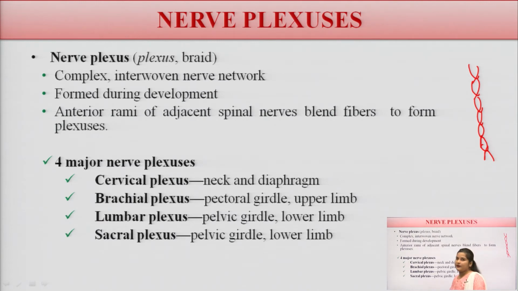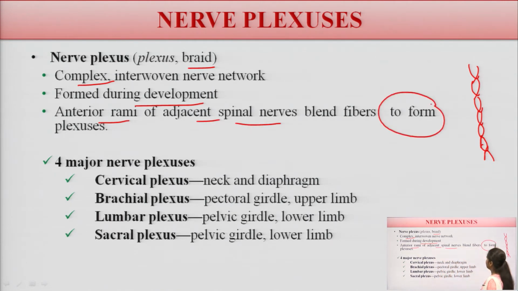These are braids. So a nerve plexus is a complex interwoven network. It is a complex interwoven nerve network which is formed during development from the anterior rami of adjacent spinal nerves that blend to form the plexus.